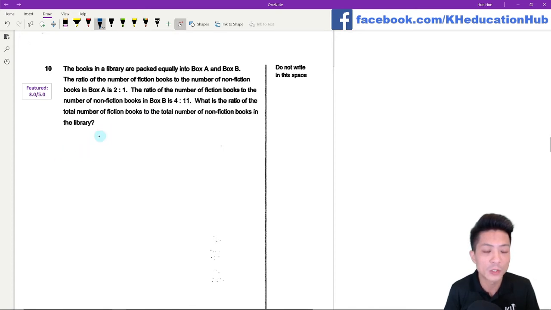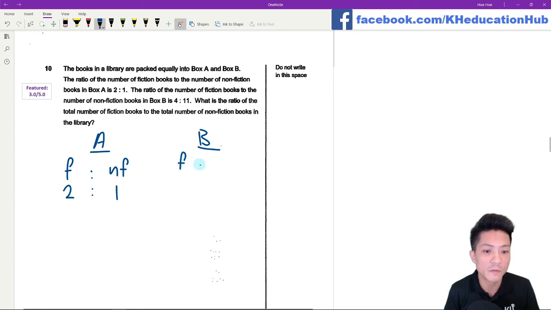So we're going to write down the ratio of box A and box B first. In this case, for box A, the number of fiction books to the number of non-fiction books will be 2:1.